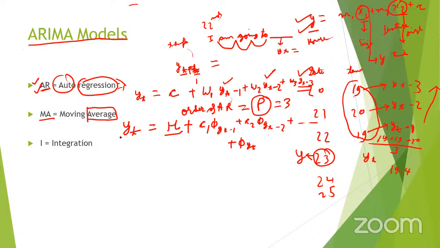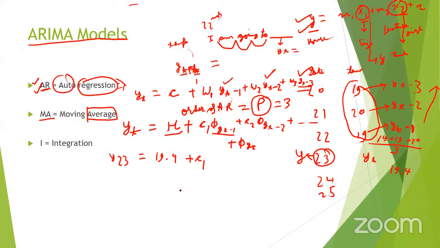So what does it represent? How you can calculate a moving average is that your temperature for the 23rd December, Y23, will be equal to this 19.4, your average from the previous days, plus C1. Now comes this phi t minus 1.